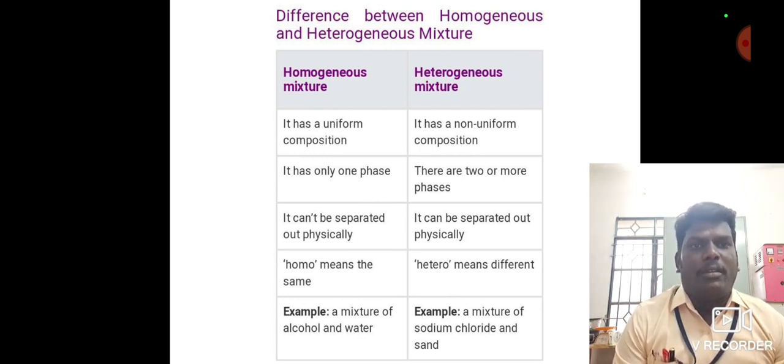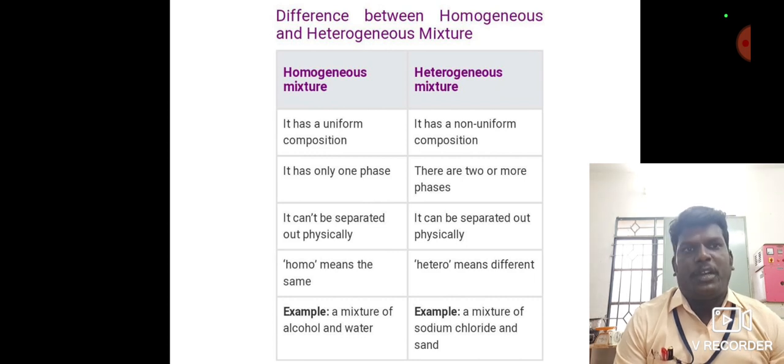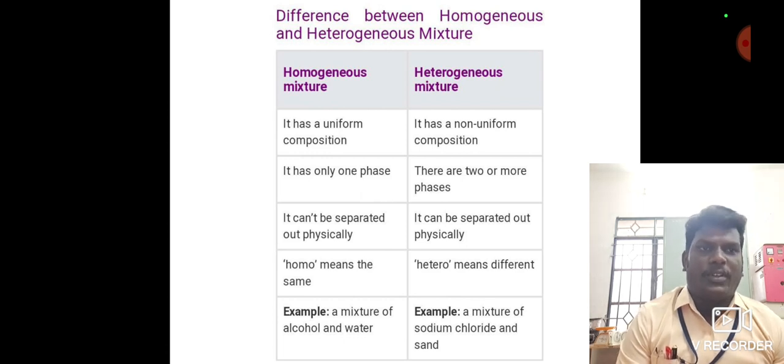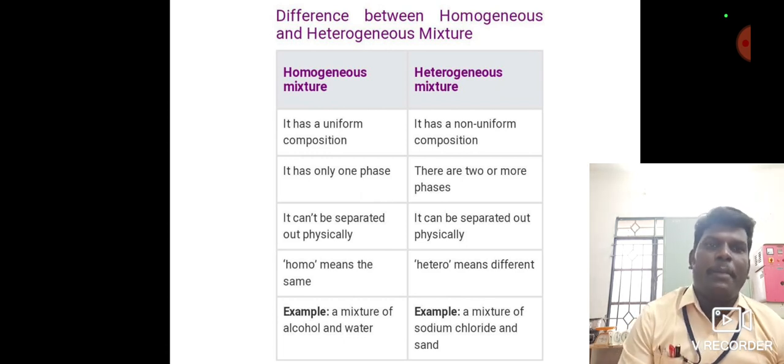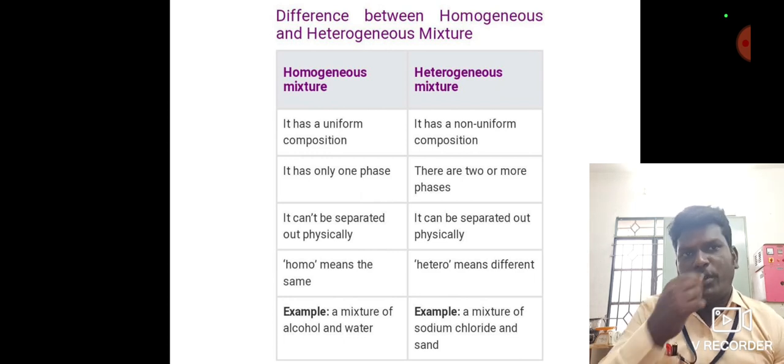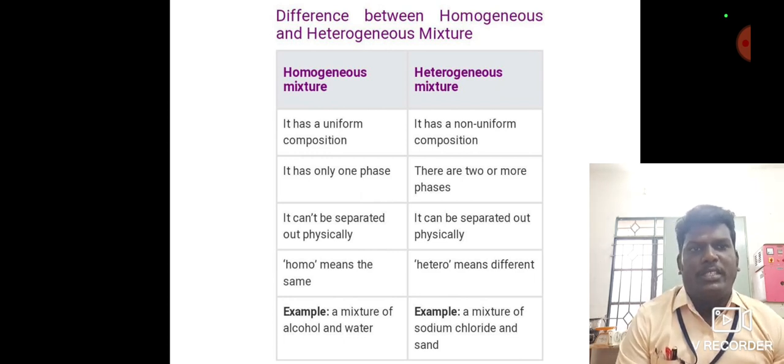Homo means same, hetero means different. For example, a mixture of alcohol and water is the best example of a homogeneous mixture. A heterogeneous mixture is the mixture of sodium chloride and sand.